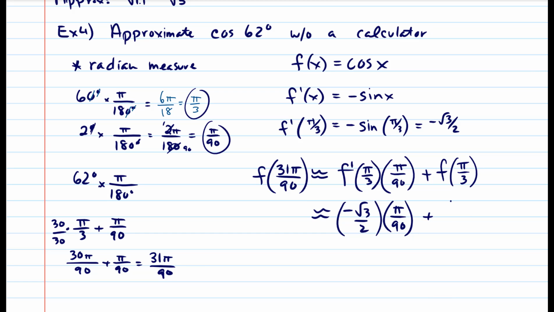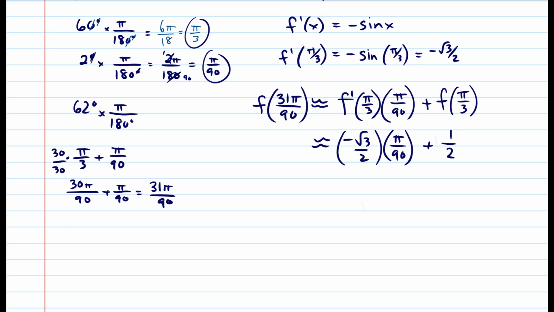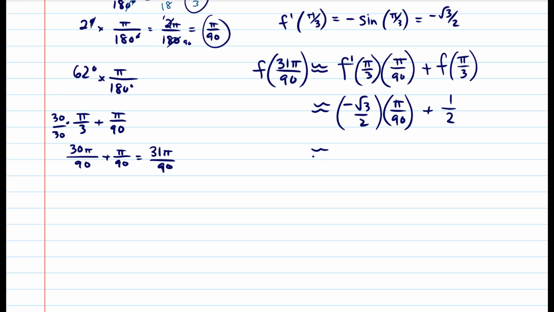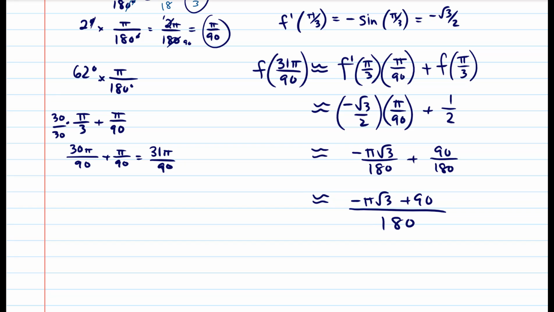Plus 1/2. That's what we have there. Moving on down, putting it all together here, that'll be negative pi root 3 over 180. And the 1/2 really turns into 90 over 180. And so simplest form is negative pi root 3 plus 90 over 180.